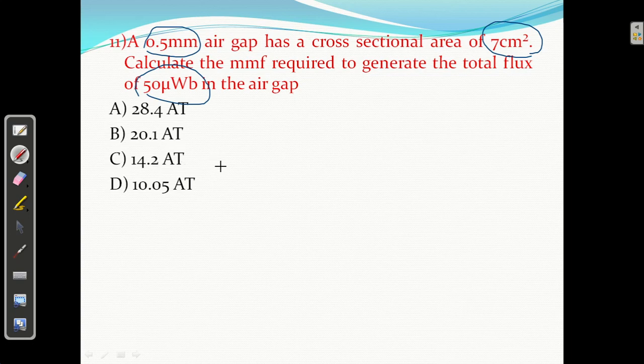Okay, so to find MMF, we know phi equal to MMF upon reluctance, Ni upon S. So Ni equal to what? Ni equal to phi into S.